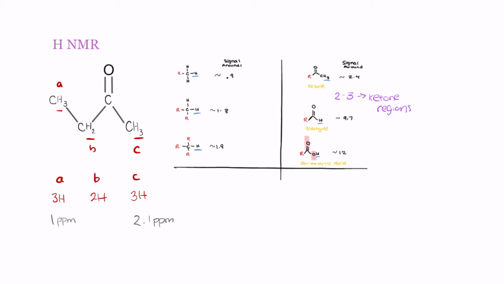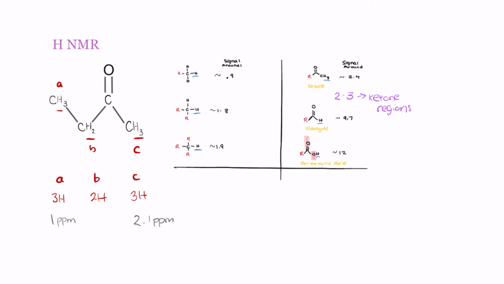Now, if we compare this to signal B, yes, signal B is coming off of a ketone, so it is going to be within the ketone region. However, it does have a little bit more business going on because it also has this extra methyl group over here, and that's also electron withdrawing. So we might see this not early on in the 2 region, but maybe closer towards the 3 region, or the middle of the 2 to 3 region.